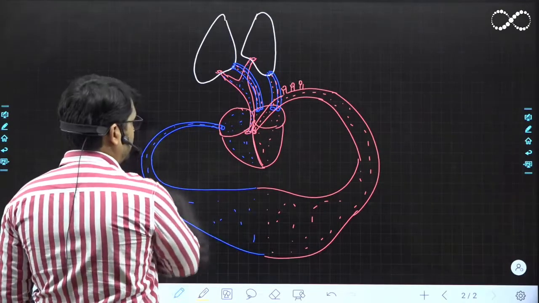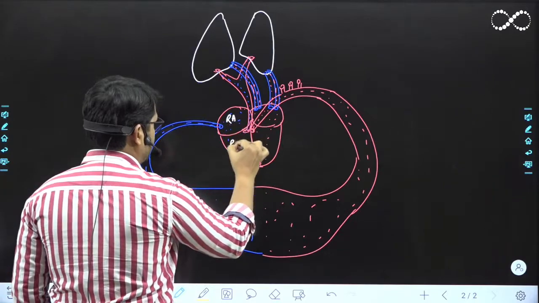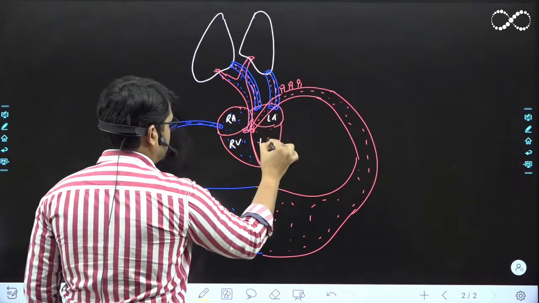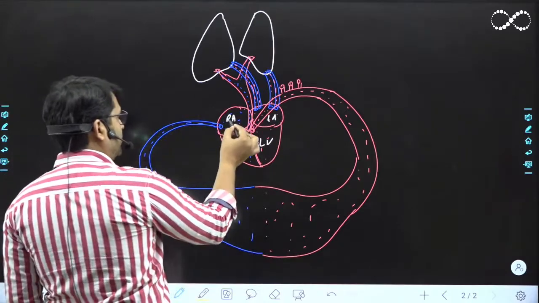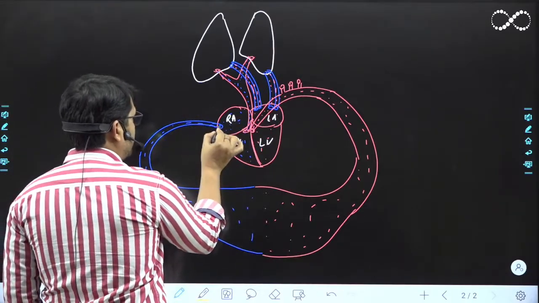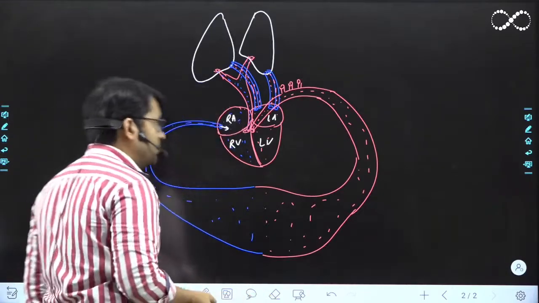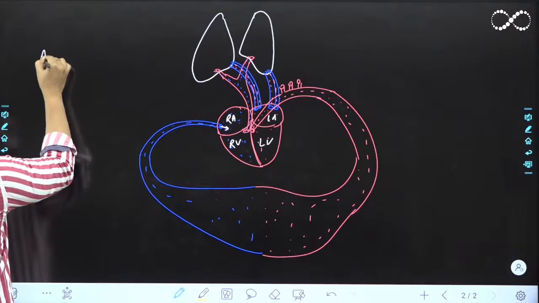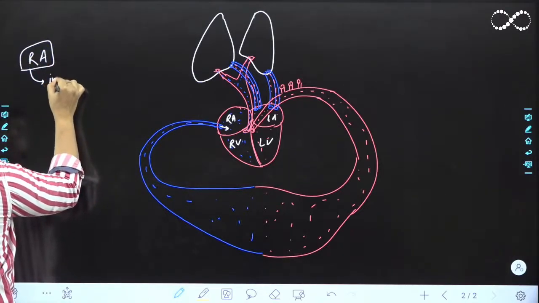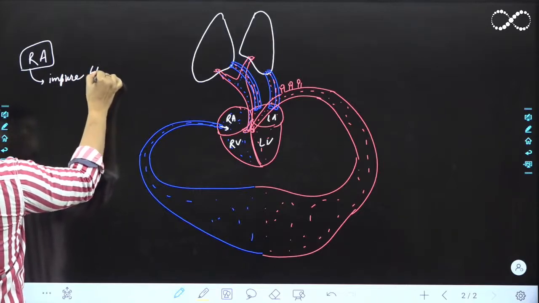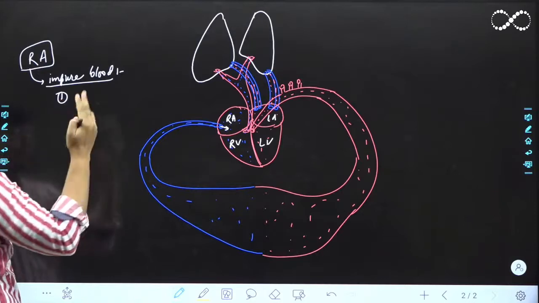See, अगर आप लोग को याद हो, this is called right auricle, this is right ventricle, this is left auricle, this is left ventricle. Okay, now the right auricle receives the impure blood from all over the body. Okay, so right auricle receives impure blood, and it receives impure blood via 3 veins.